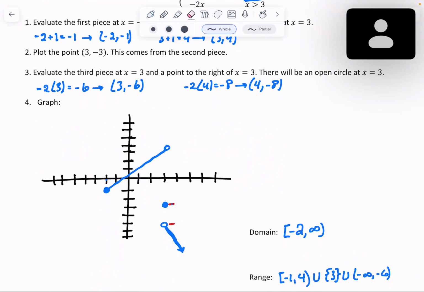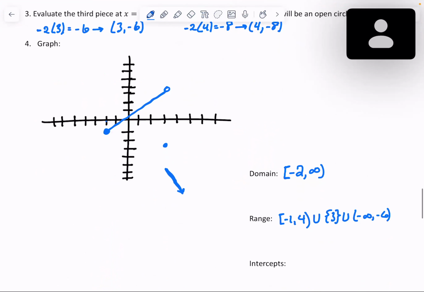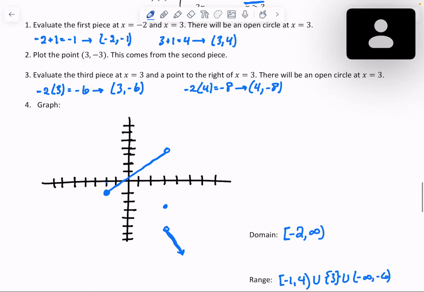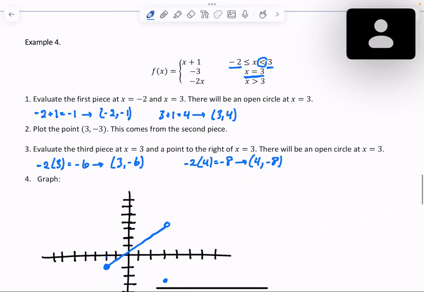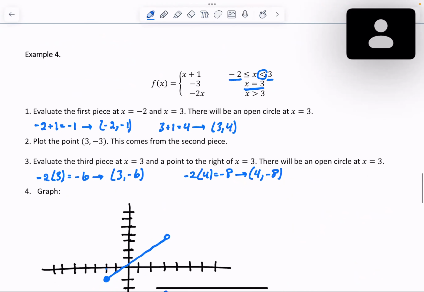Sorry, I'm trying to erase a couple of these things. Okay, so here we had a closed circle, here we had an open circle. If I would have drawn this better, it would have made it easier to find the points, but let's just do this. It's going to be on this first piece.